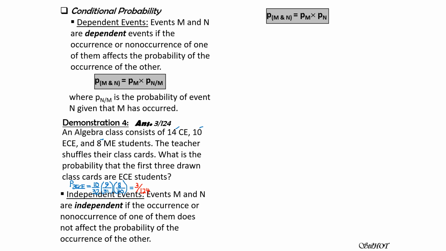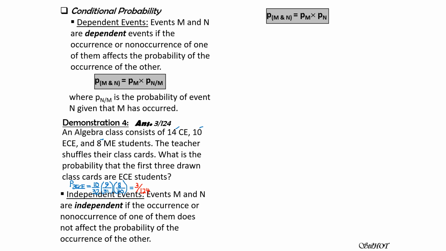So that's for independent events. And the formula is given by probability that events M and N will occur is equal to probability that event M will occur times the probability that event N will occur. There's no more condition because they are now independent events.